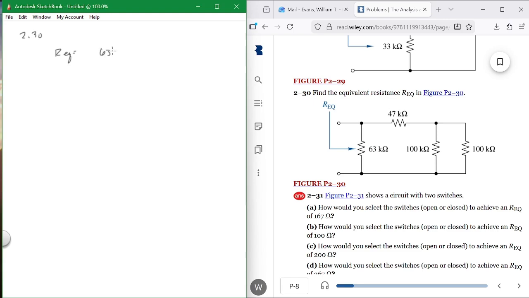It's 63 in parallel with the combination of 47 plus 100 parallel with 100. So that's the way I write parallel. I write a little line like that. I leave the K off, and I can put the K back on at the end if I want to. I'll let you do that one. That one's not hard. You should be able to do that in your sleep.